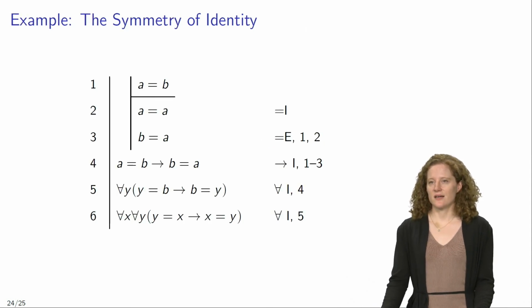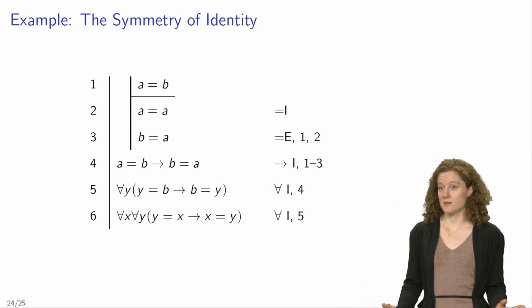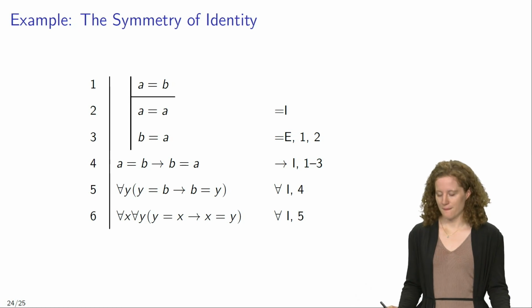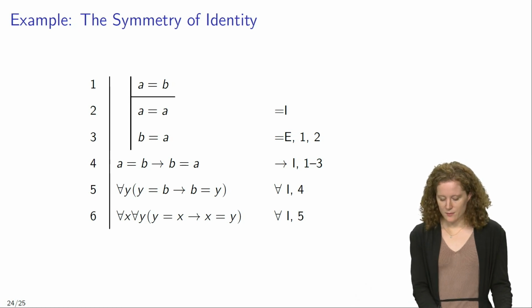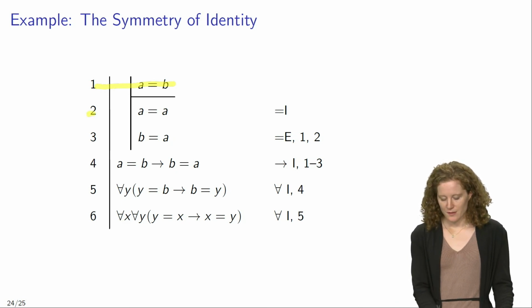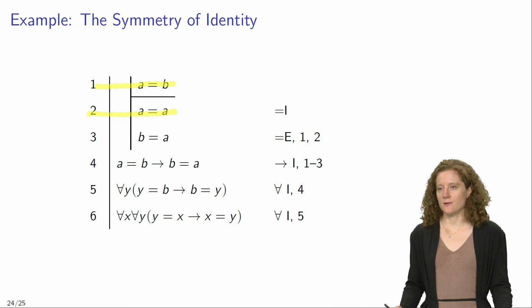So let's look at one example of a proof that makes use of both identity introduction and identity elimination. In line 1, we start with the supposition that A equals B. In line 2, we assert that A equals A and justify this assertion by means of identity introduction.